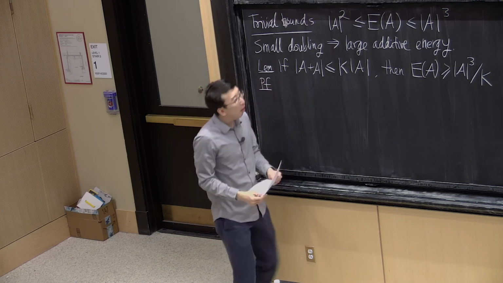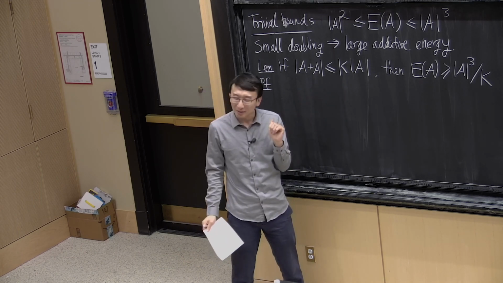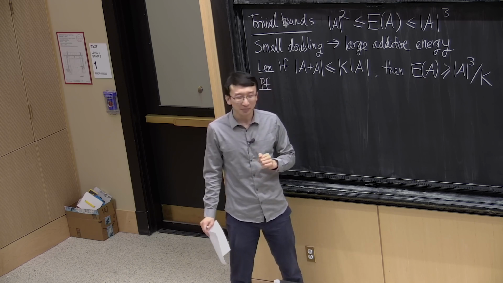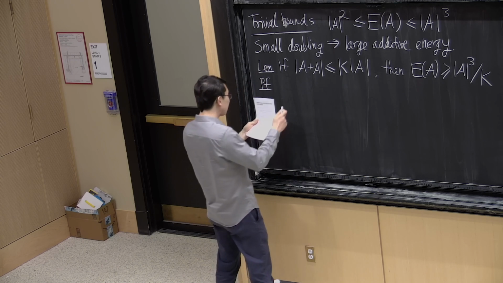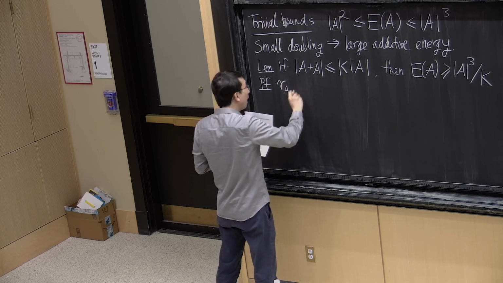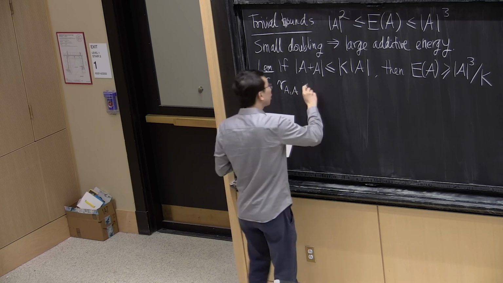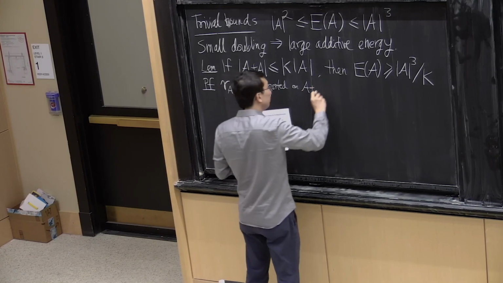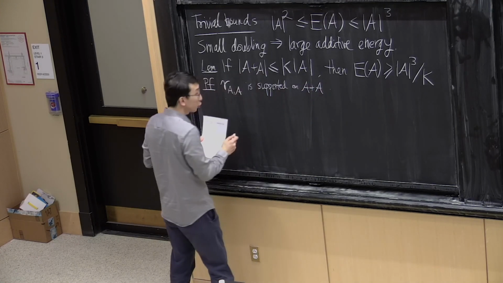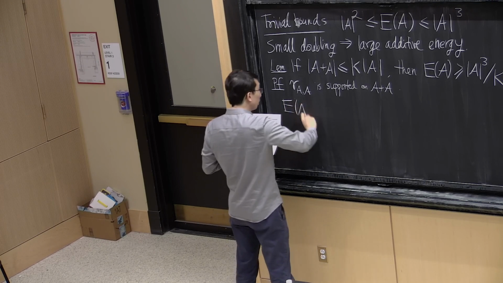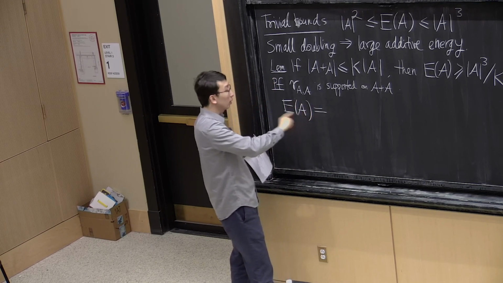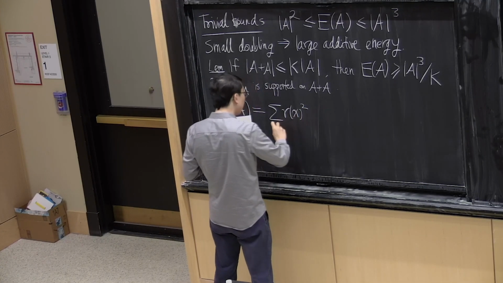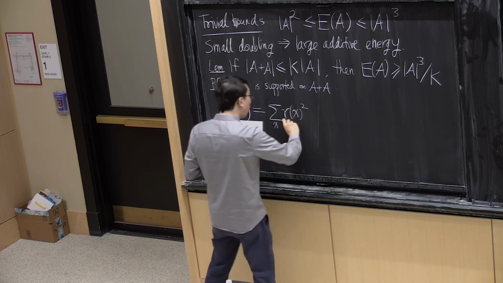So you can often tell how hard a proof is by how simple the statement is, although that's not always the case, as we've seen with some of our theorems like Plünnecke's inequality. But in this case, it turns out to be fairly simple. So we see that R sub A comma A is supported on A plus A. So first we write additive energy in terms of the sum of the squares of these R's.